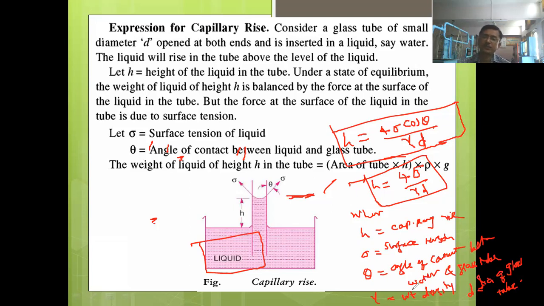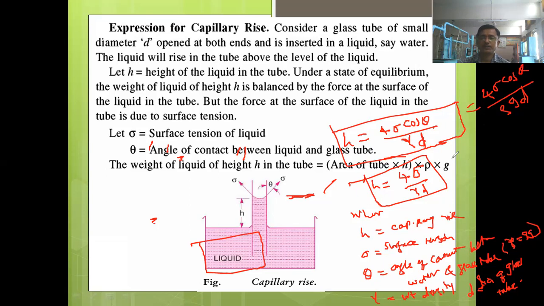Now here in front of gamma, you can write here rho g, gamma is equal to rho g. And next to this, you should also take the equation as 4 sigma cos theta. Otherwise, you will get confused. In the book, this equation is written like this: 4 sigma cos theta upon rho g d, and sir has given this equation as gamma d.